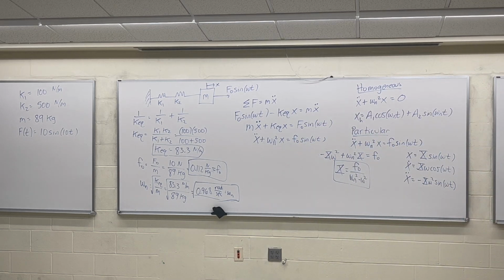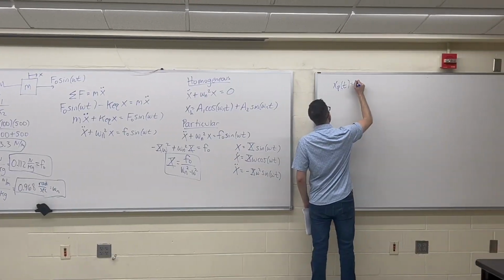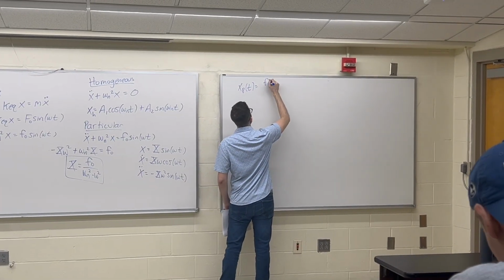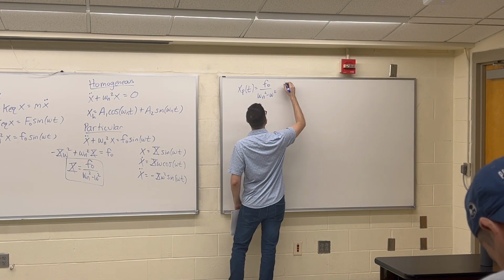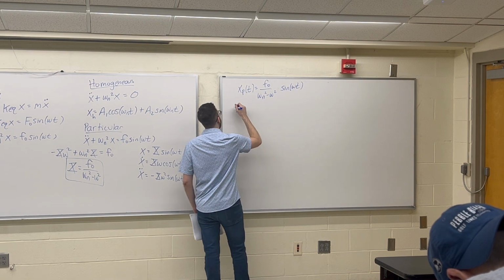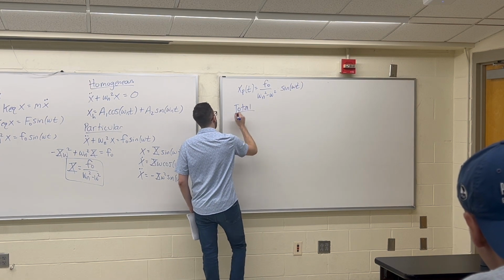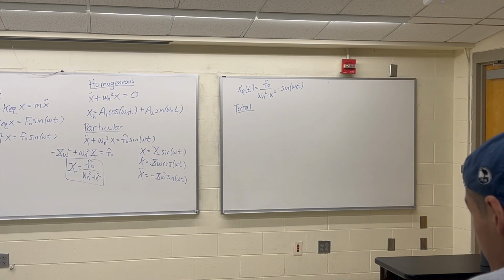Yeah, exactly. So that means that our particular solution, again, was this x times sine omega t. So that is our particular, and now we will find our total by adding them.